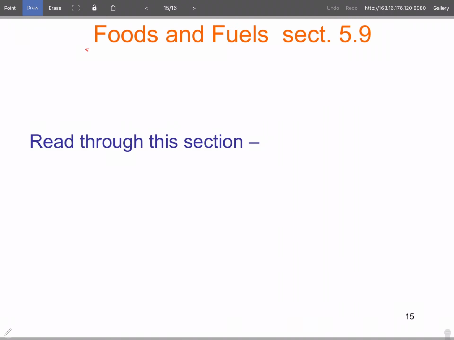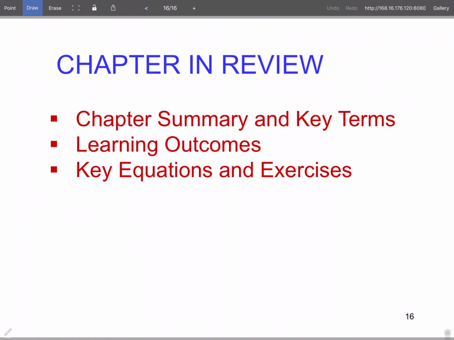So read through food and fuels, and again, it probably will not appear on the test. However, you are citizens of the United States, and we interact with people all over the planet. So therefore, you might want to look at this section so that you understand both sides of the argument, or at least understand the terminology.